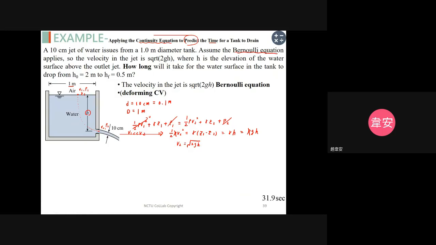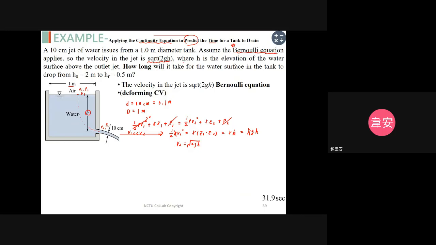Okay, that's why the question directly tells you the velocity can be represented by this formula. So don't forget the Bernoulli equation ideas. This is related to our chapter 4.